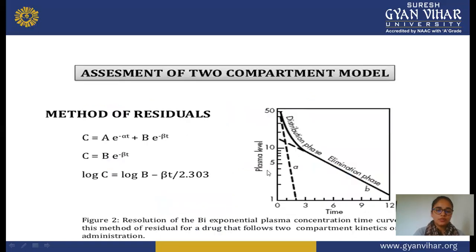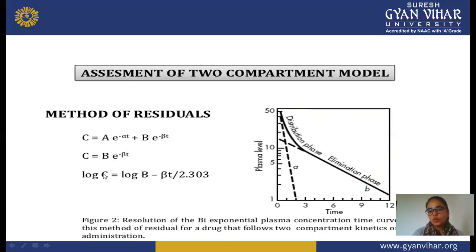Next is the assessment of the two compartmental open model. The assessment method is the method of residuals. In this, C = Ae^(-αt) + Be^(-βt). When we simplify this equation, because the absorption is an amount that can easily be absorbed and not eliminated from the body, we receive the equation C = Be^(-βt).